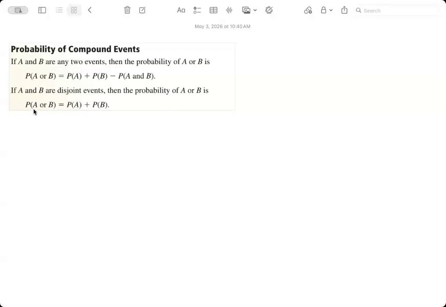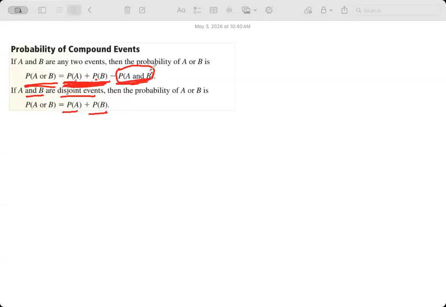If A and B are disjoint events, they don't have anything in common, then it is just probability of A plus probability of B. Suppose there is an intersection between the two, you have to subtract the intersection if you want to get the probability of A or B, because it's counted twice. So when there are two events that are completely not related to each other, you can just add both to get A or B.